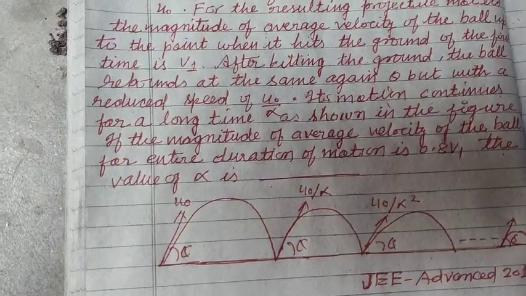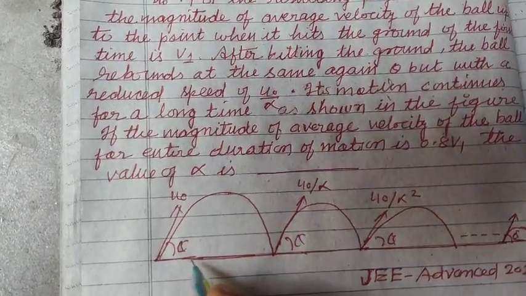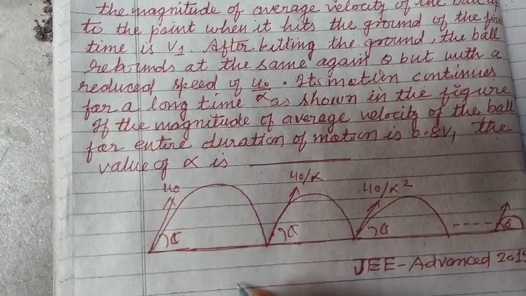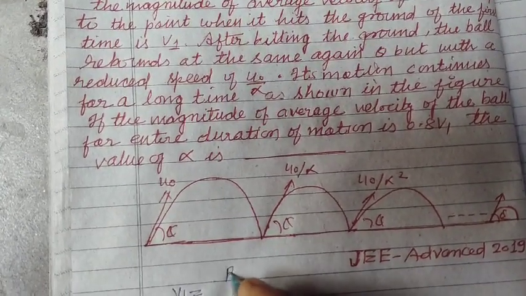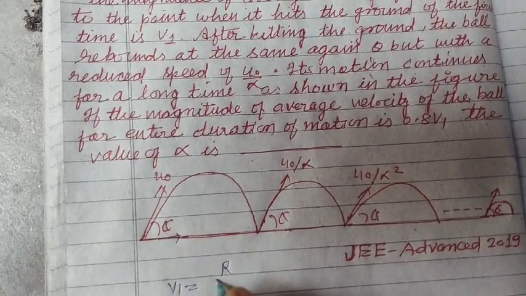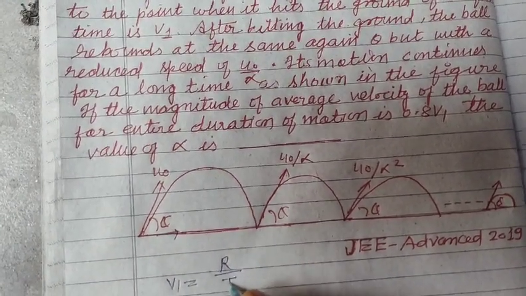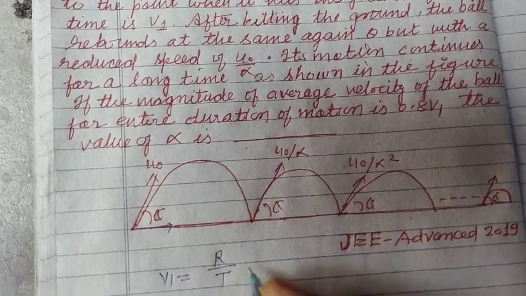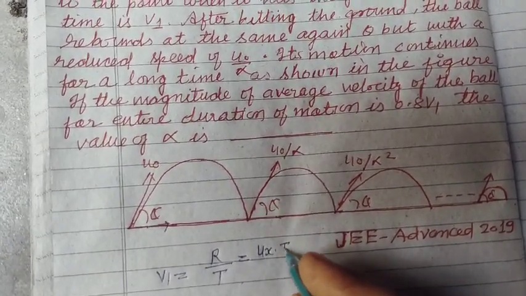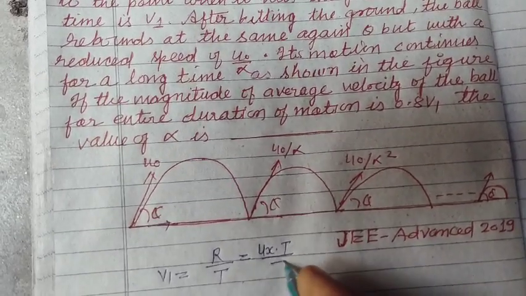in the first hit. So the distance covered in the first hit is equal to the range of the projectile upon the time of flight, and range is what? Ux into t upon the time of flight.